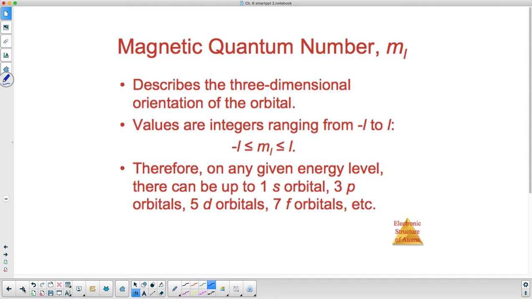We talked about orientations already in the guided notes. That's what orbitals are. They are orientations of the shape from the sublevels. So the values of m sub L are integers from negative L to positive L. So if you have n equals 1, the L must equal 0, and the m sub L also must equal 0 because there is no negative 0 to positive 0.